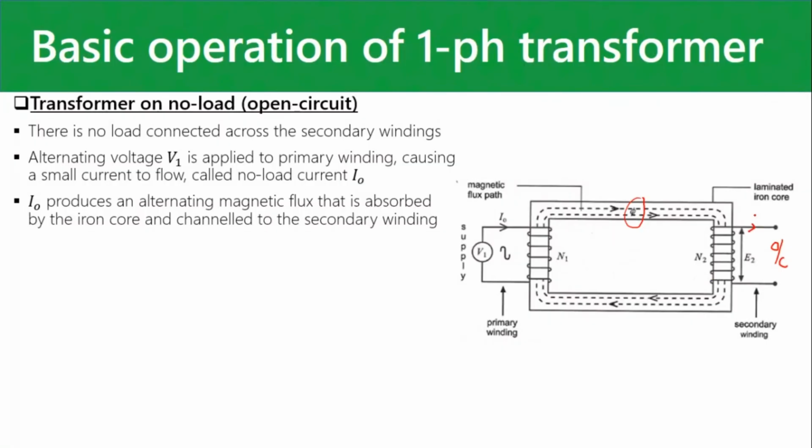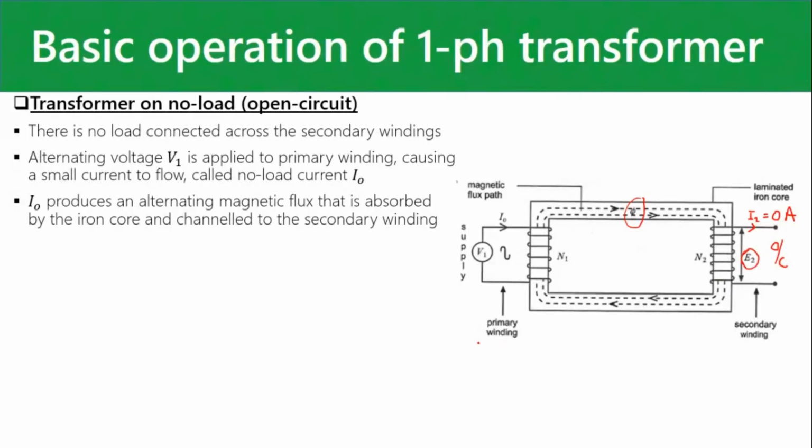So we call this I2, and at this stage it is 0 amps, because it's open circuit. There's no load there; we haven't closed the circuit. That doesn't mean you don't get your voltage. You're still inducing the voltage across the windings, but you haven't closed the loop, so there's no current.